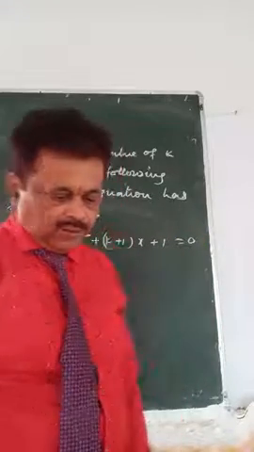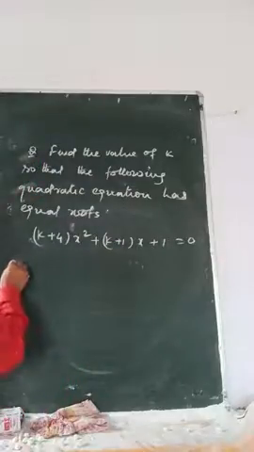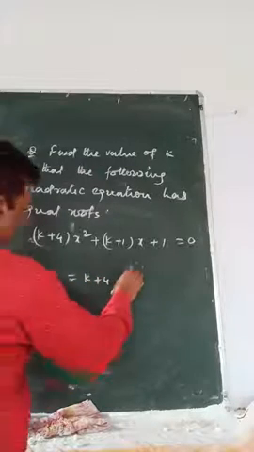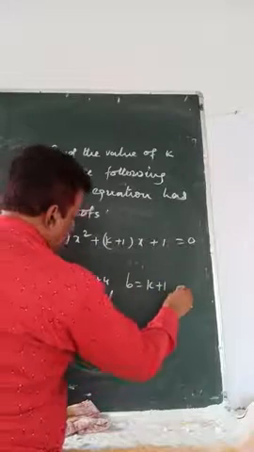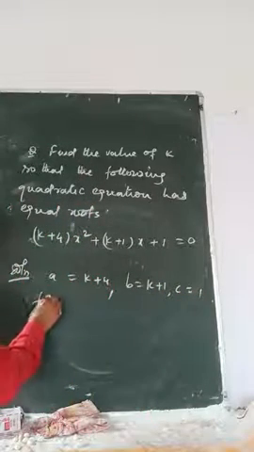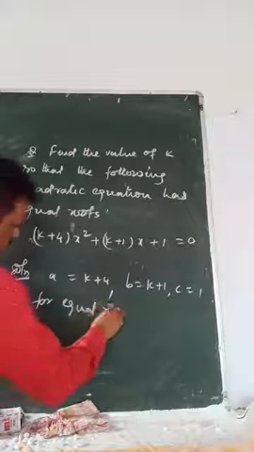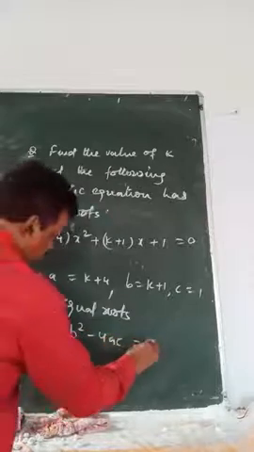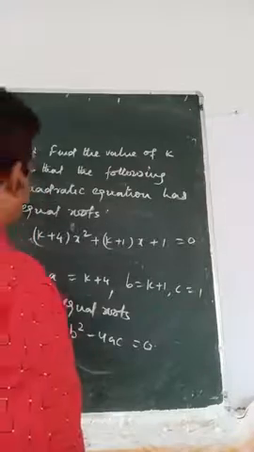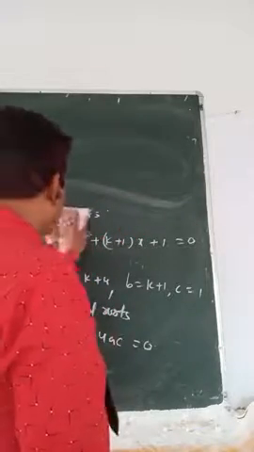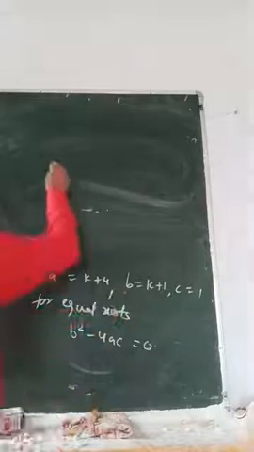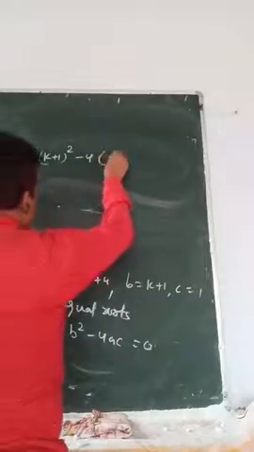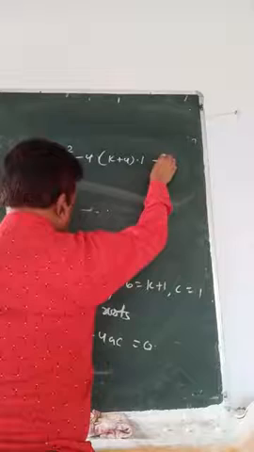Okay, so find out what is A, k plus 4, what is B, k plus 1, what is C, 1. Now for equal roots, b square minus 4ac should be 0. See it carefully. B square, k plus 1 whole square minus 4 into k plus 4 into 1 equals to 0.